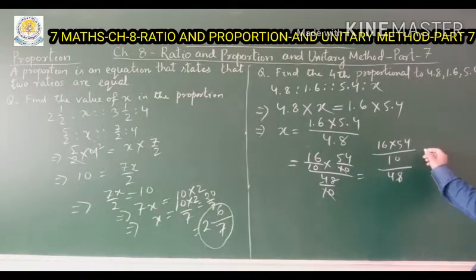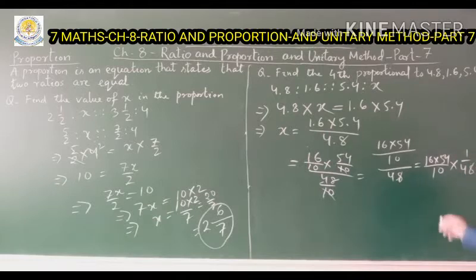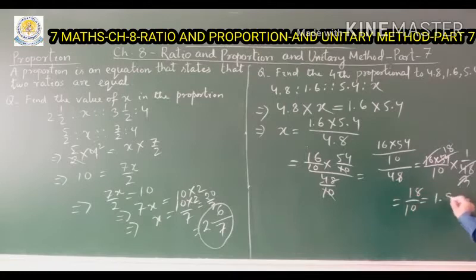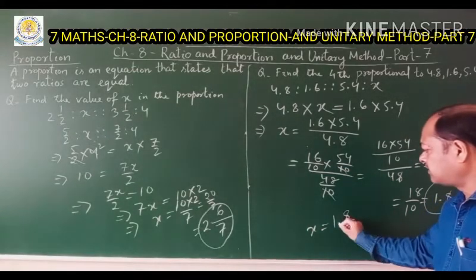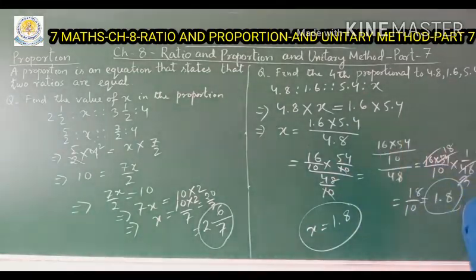So 16 into 54 by 10 divided by 48, that is multiplied by 1 by 48. So 16 3s are 48 and 3 cuts here, 3 1s are 3, 3 8s are 24. So it is 18 upon 10 equal to 1 upon 8. So we got the value of x as 1 upon 8 from this proportion. Okay.